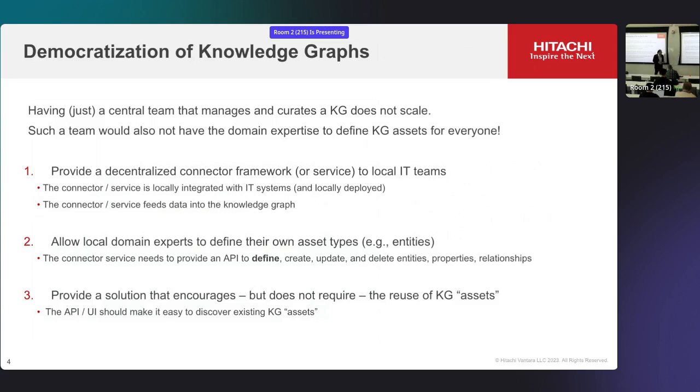The first one is, if you have a complex environment, again with on-prem, in the cloud, etc., one idea is to provide a connector framework or a service to everyone who works with IT systems, whatever that is.